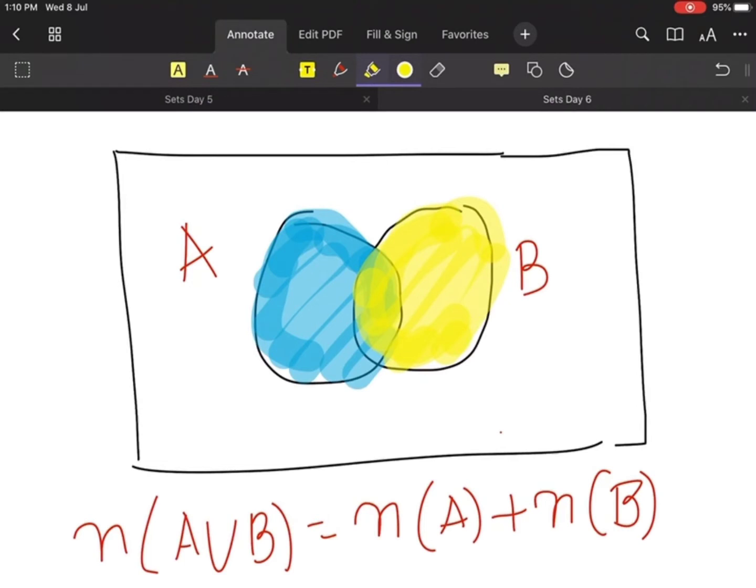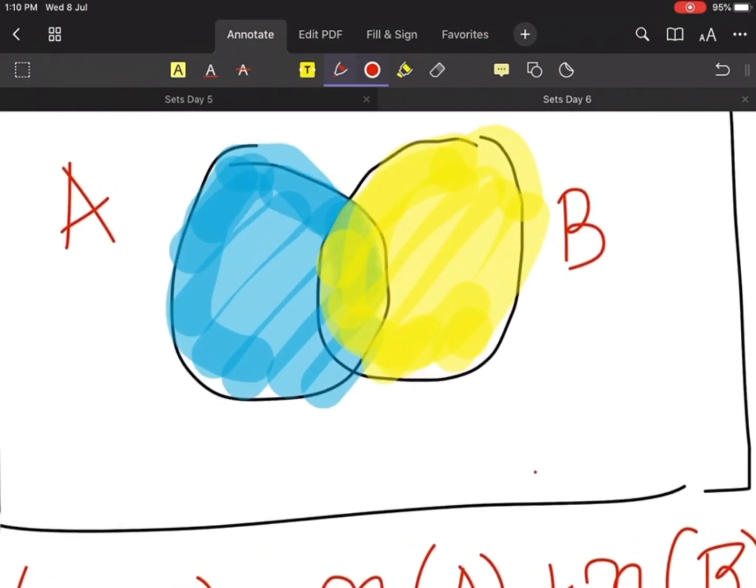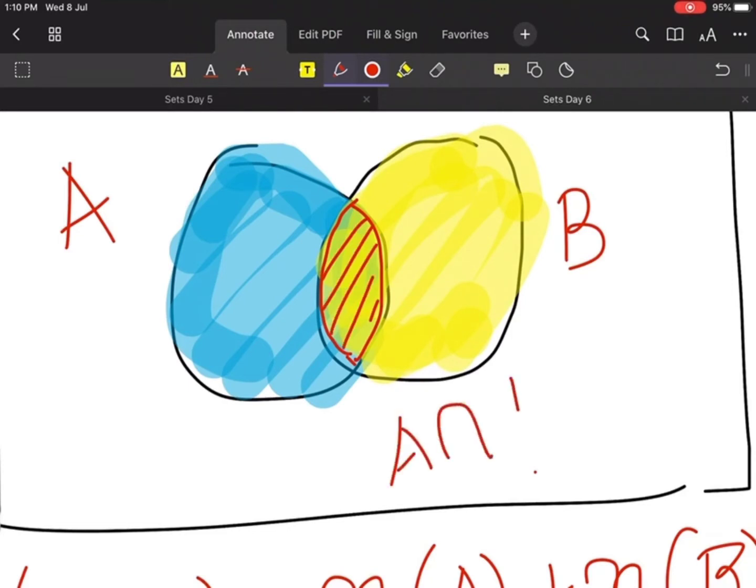Yes or no? Obviously I have to subtract once. So what is the middle region actually? What is the representation of middle region? It is A intersection B, right?